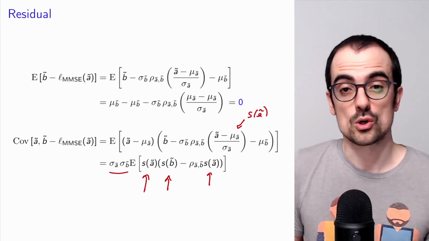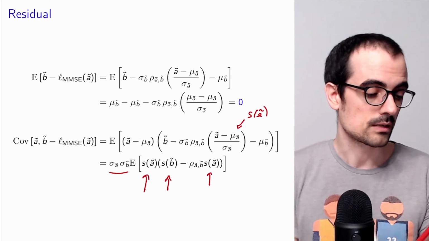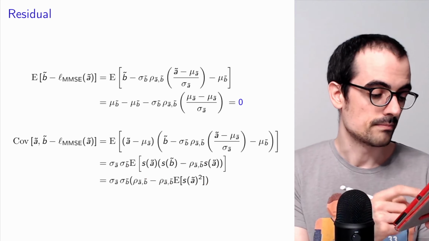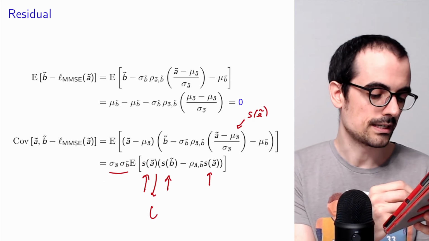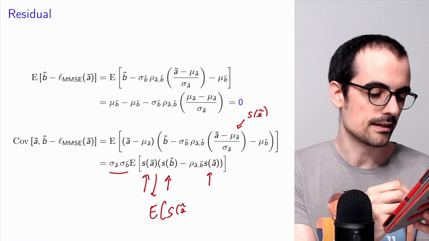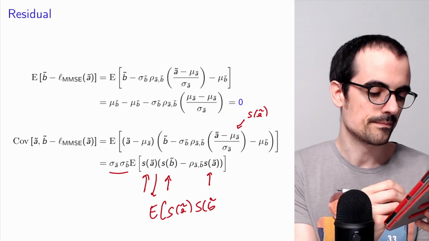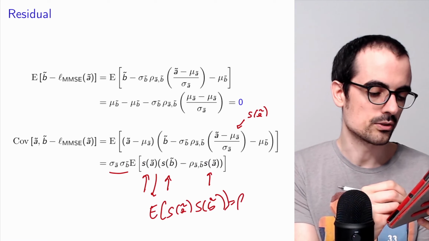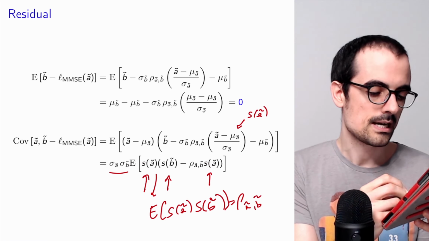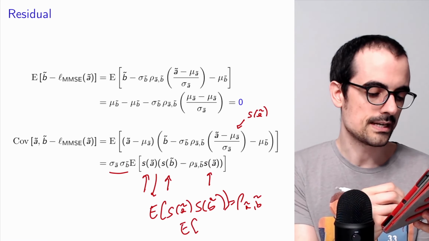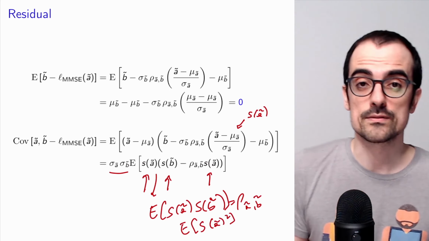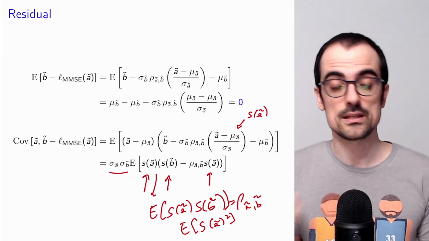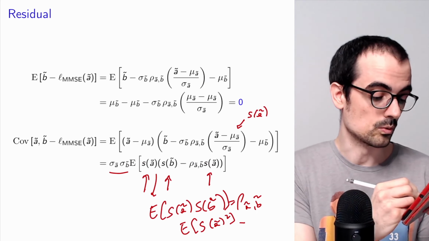Okay, good. So now we expand this out, and what we have is, the expected value of S of A, S of B is equal to the correlation coefficient of A and B, and the expected value of S of A squared, because the variance of the standardized variable is 1 and the mean is 0, the mean square is just equal to 1.